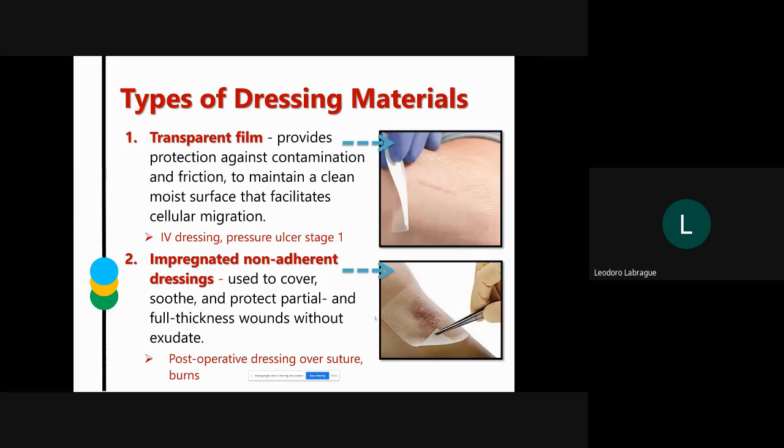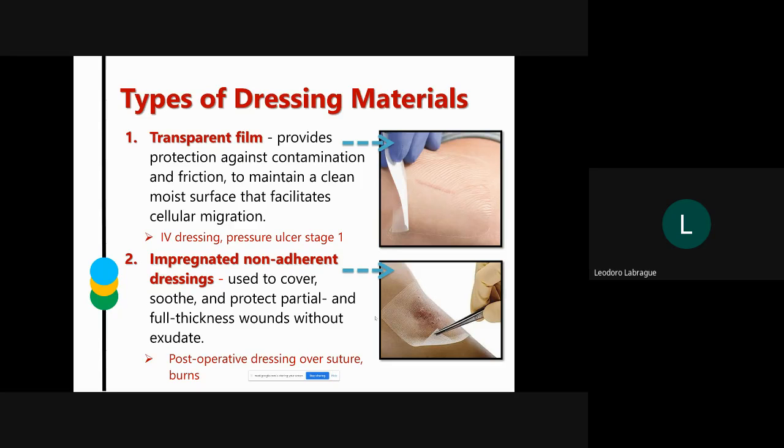The second type of dressing material is very important because by the word itself, impregnated dressing means the dressing itself contains what? Some substances that promote healing in the wound. In fact, in some hospitals, their dressing itself contains medication already to promote healing of the wound. We call it impregnated, non-adherent dressings.